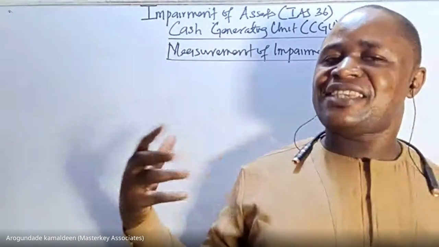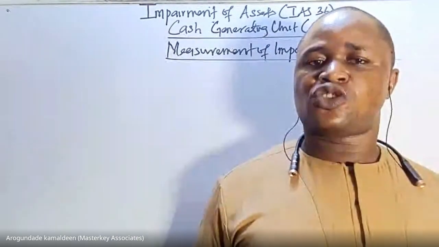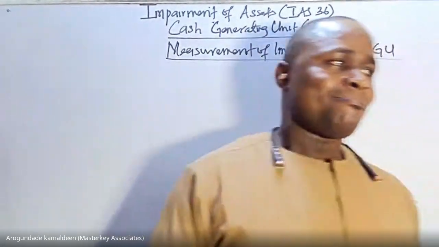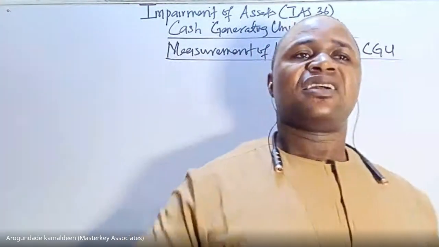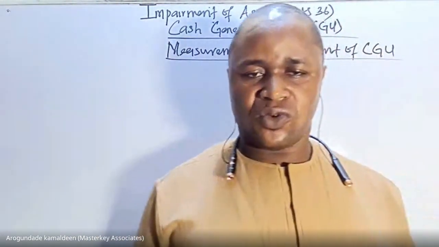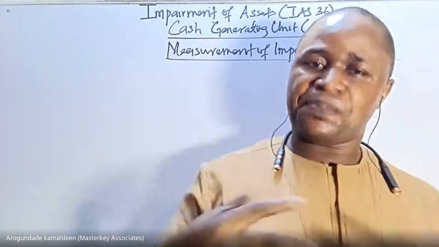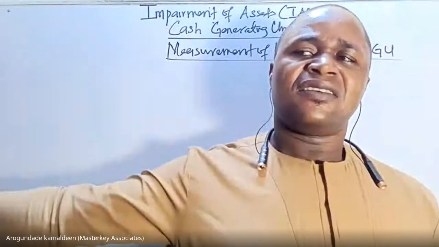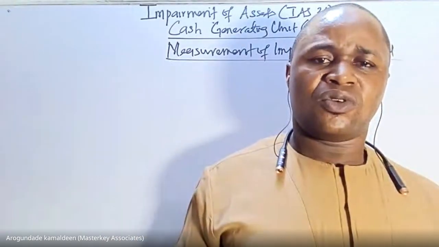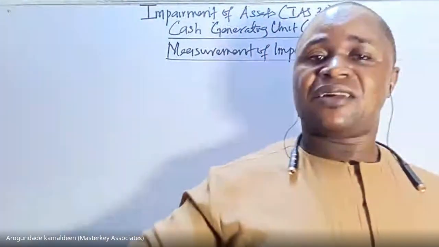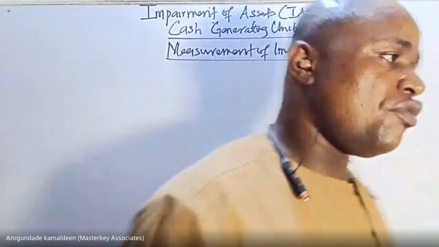Now, the CGU is said to be impaired if the carrying value of the CGU is greater than the recoverable value.